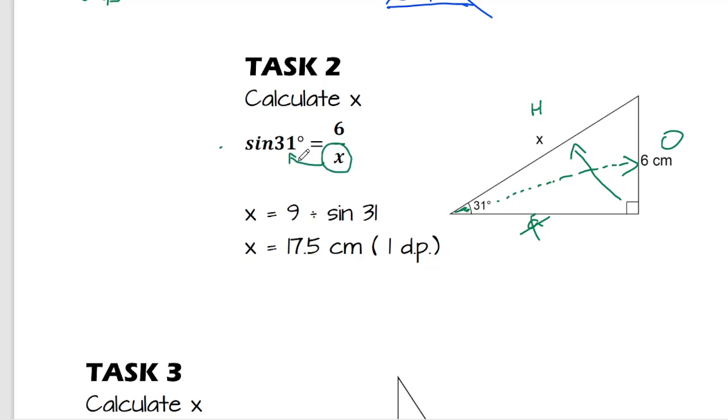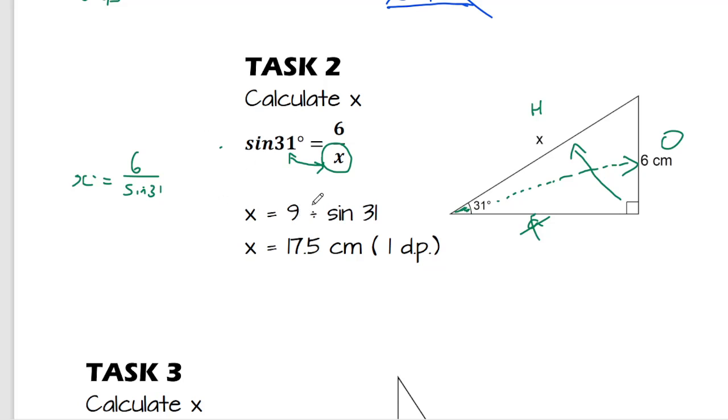If we just swap these two swapsies with those two, the x will move across to be in that side of the equals, and I can do 6 divide by sin 31. Okay, now hopefully you will see what they've done is they've carried the 9 through from the equation here when they've printed this out.